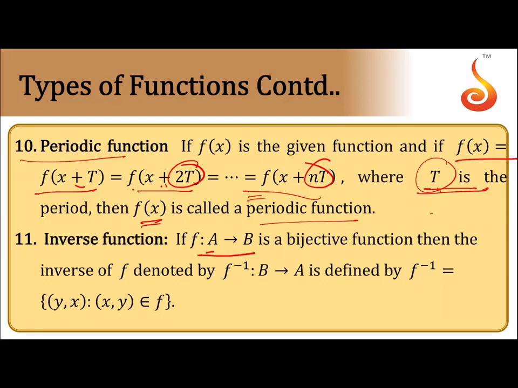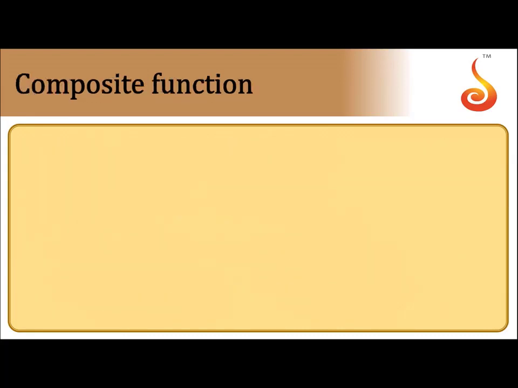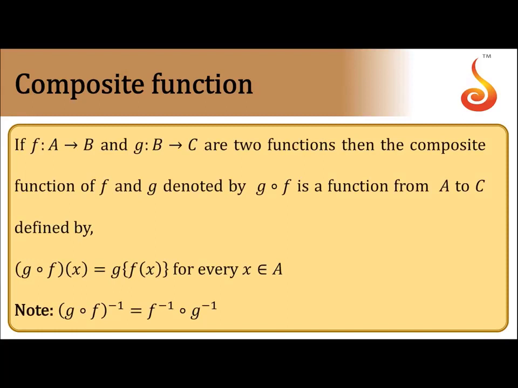Let's consider the inverse function. If f from A to B is a bijective function, then the inverse function exists, where f inverse is from B to A. So let's consider the next one, composite mapping.